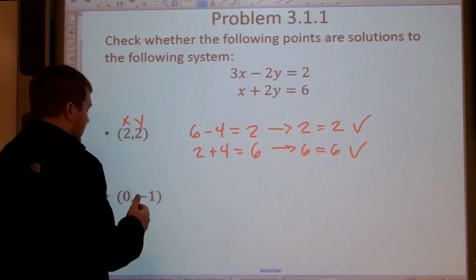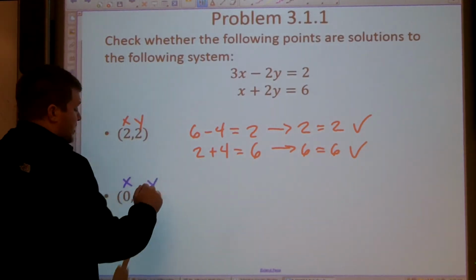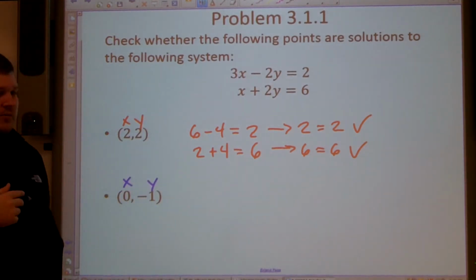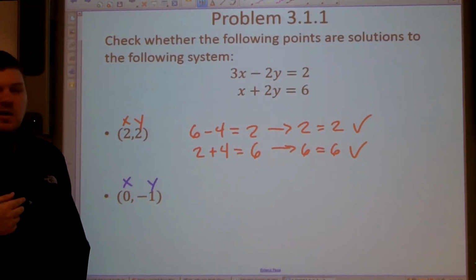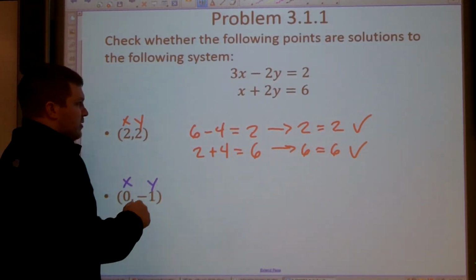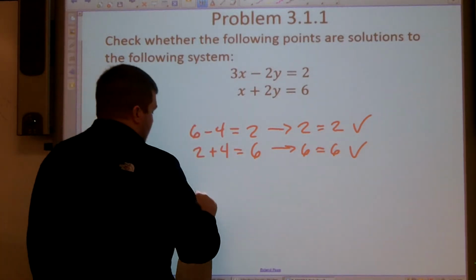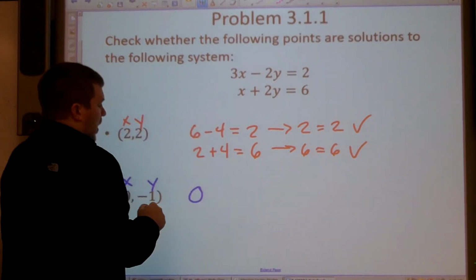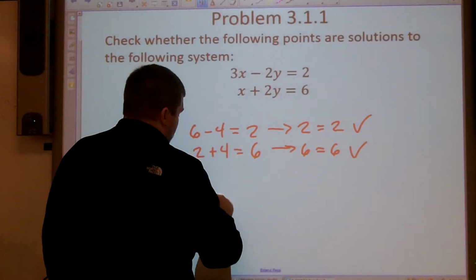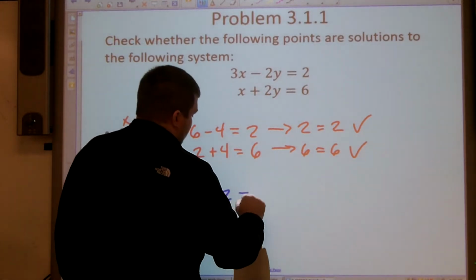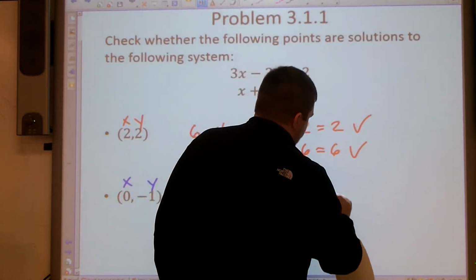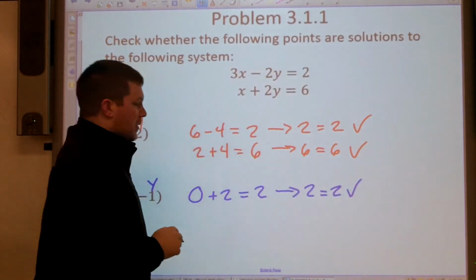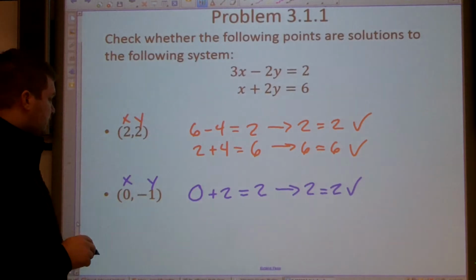Let's go through and try the second ordered pair. The second ordered pair is 0, negative 1. So everywhere I see an x in my system, I'm going to put in a 0. Everywhere I see a y in my system, I'm going to put in a negative 1. So let's go ahead and do the top equation. So I have 3 times 0, which is just 0, minus 2 times negative 1, which is just going to end up being positive 2. And that's supposed to be equal to 2, which obviously is true. So 2 is equal to 2, so the top equation is satisfied.